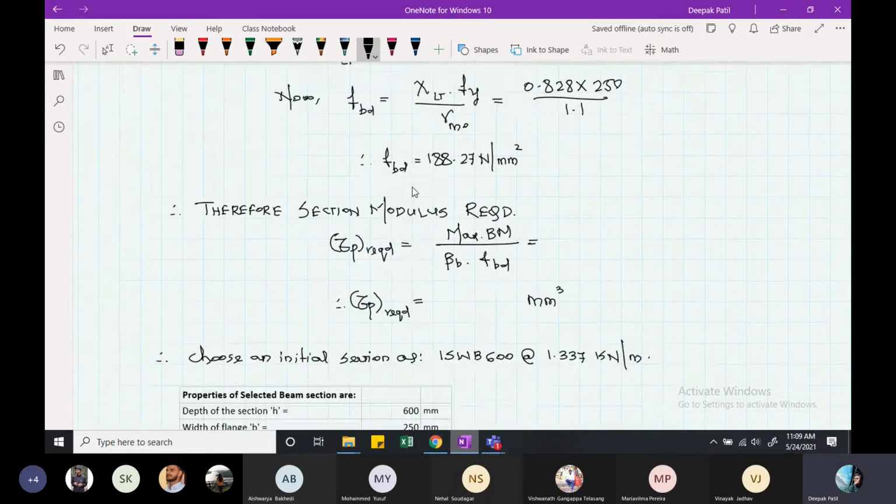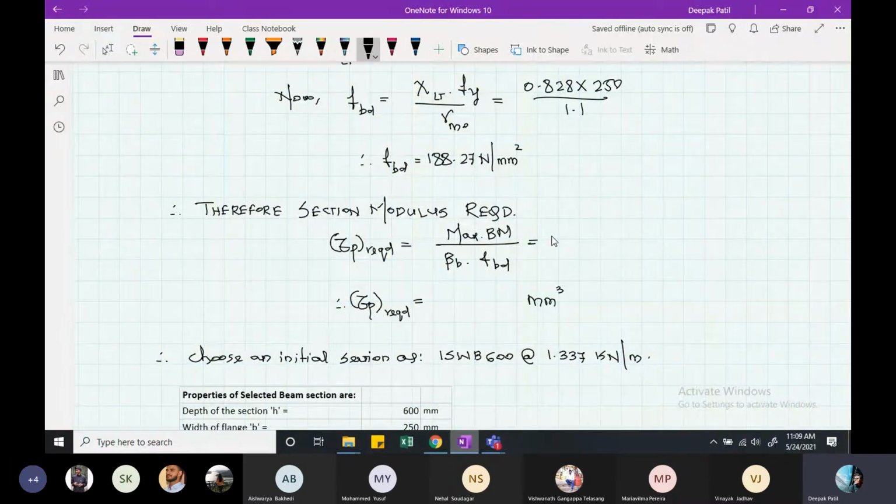From this I can easily get the plastic section modulus required, which is equal to the maximum bending moment MD divided by FBD, because there is a formula to calculate the design moment capacity: MD equal to beta B ZP into FBD. I'm taking MD as the maximum bending moment itself, and I can easily calculate the ZP required.